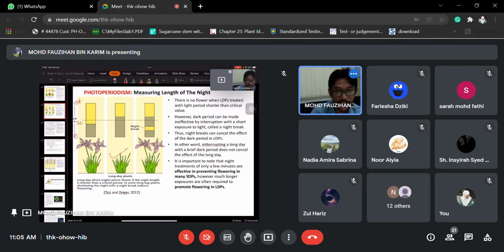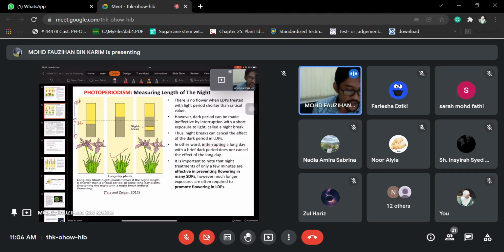Pukul 3, 4 ke 5 ke, you bagi light, you disrupted the rhythm with a light, right? Pokok akan flower. Alright, even though you expose more darkness than light, tapi you interrupted with a short period of light, pokok akan flowering. Okay, dia contradict dengan short day plants.